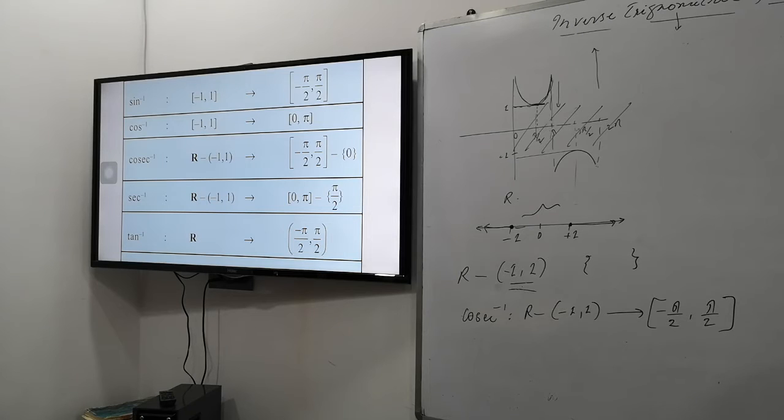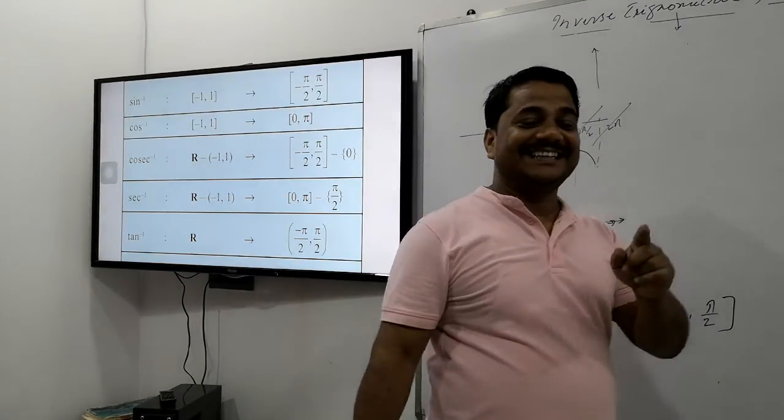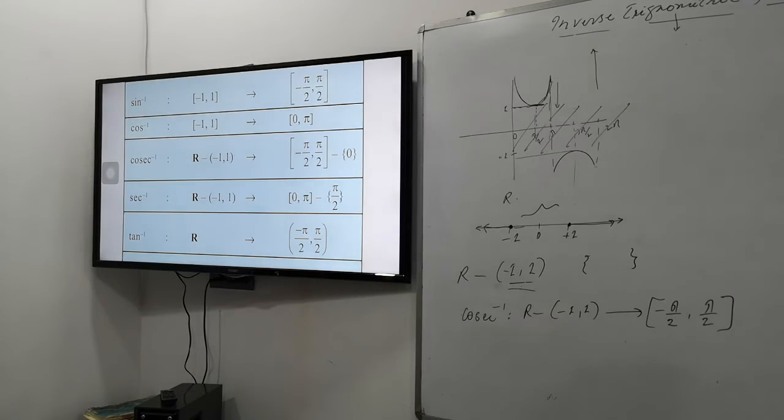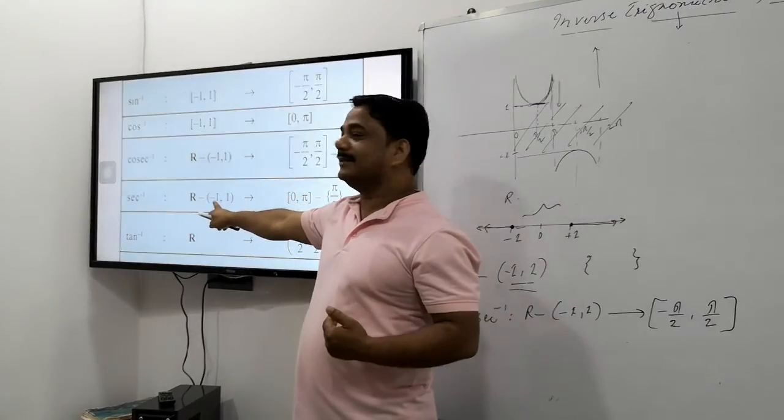Sine is related with cos, tan with cot, sec with cosec. What is the domain of cosec inverse? The domain of cosec inverse is this. What is the domain of sec inverse? The same. The domain of sec and cosec is the same. It means you have to learn only three functions' domains.